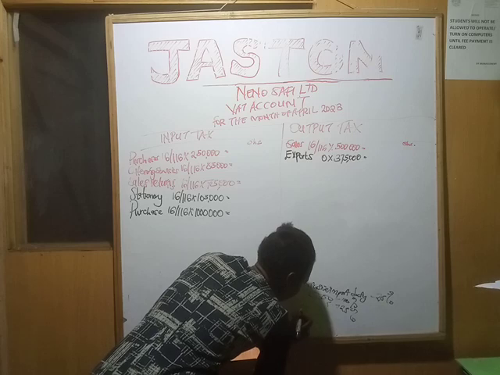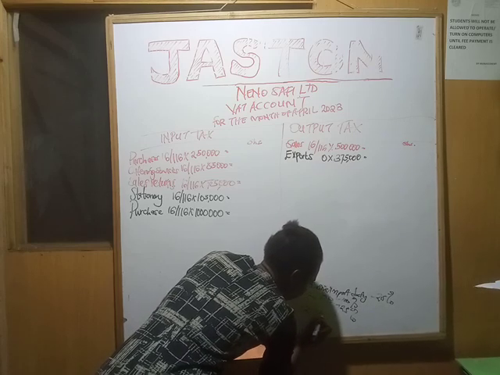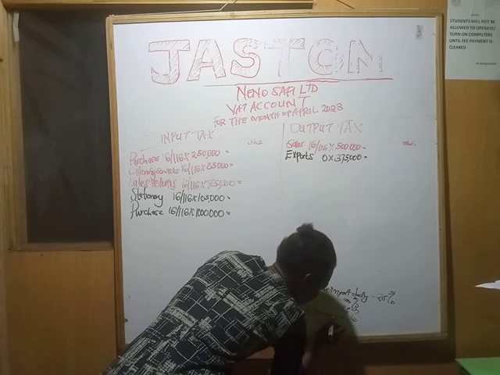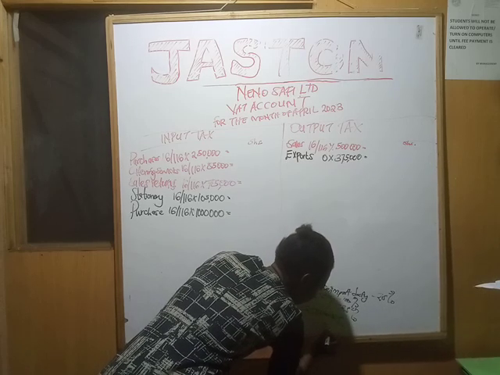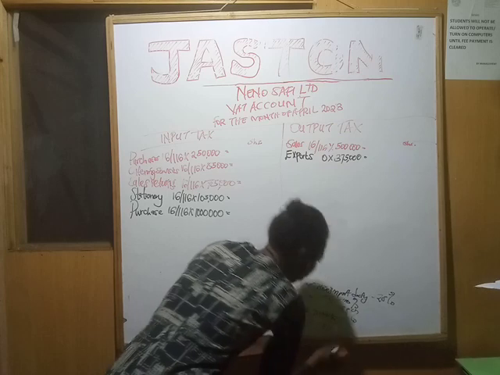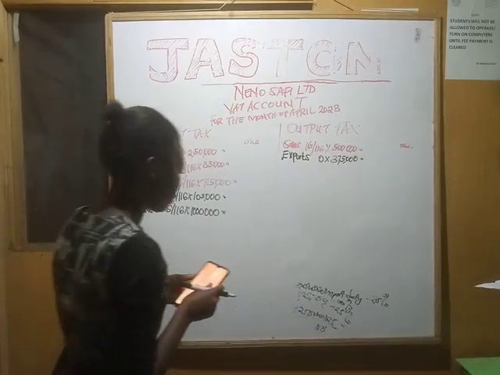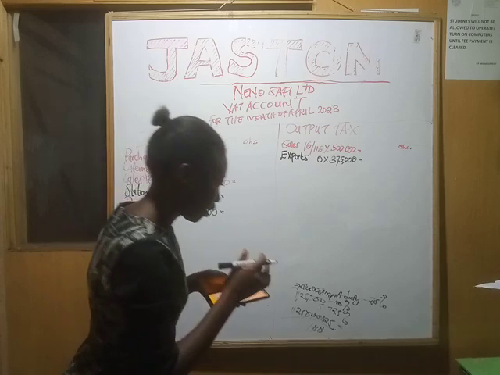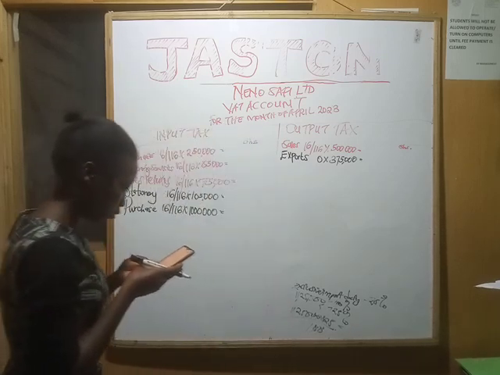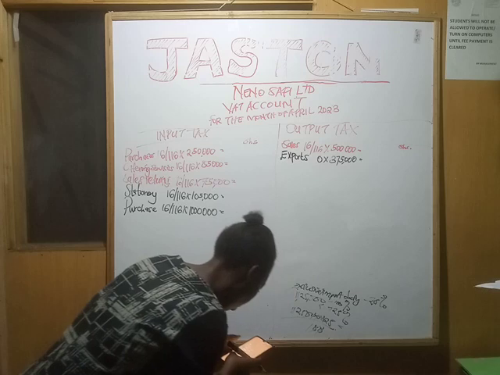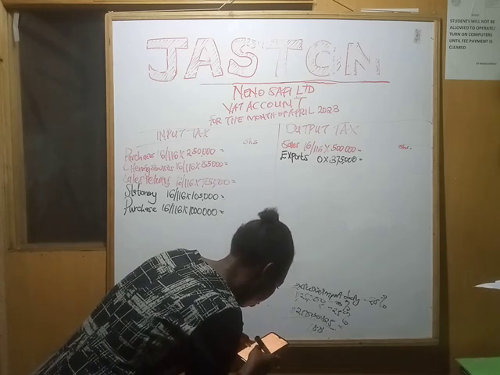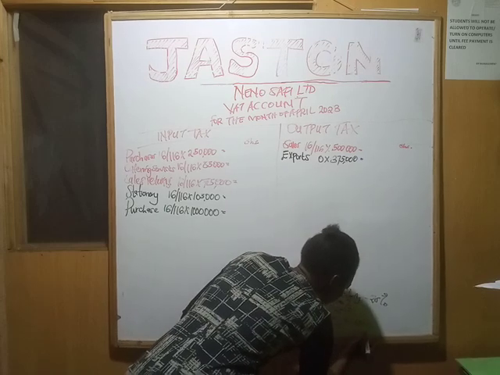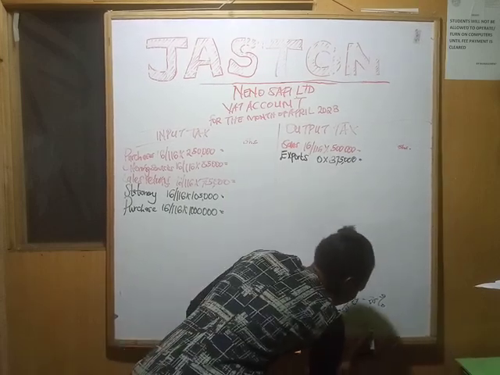So 1,125,000 multiplied by 125% divided by 100, we get 1,406,250.